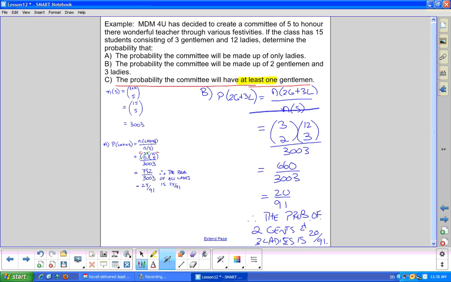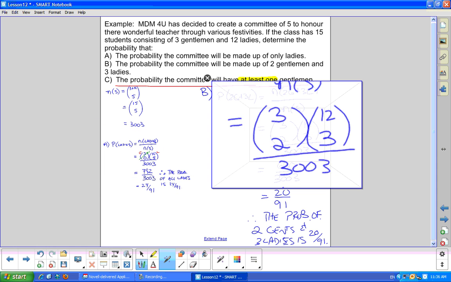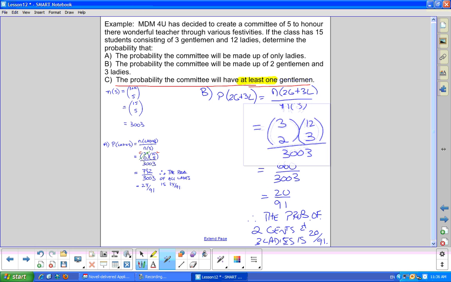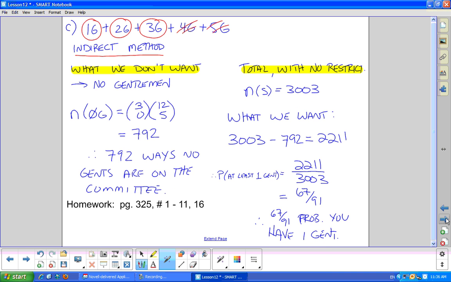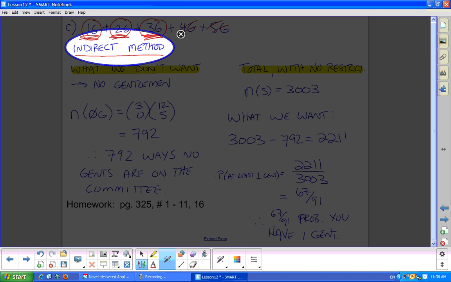Okay, similarly over here, this calculates exactly how many ways you'll get 2 men and 3 women on a committee. When you see the word at least, that means that you are dealing with multiple cases. And if there's way too many of them, you need to use the indirect method. It's just quicker and more efficient. All right.